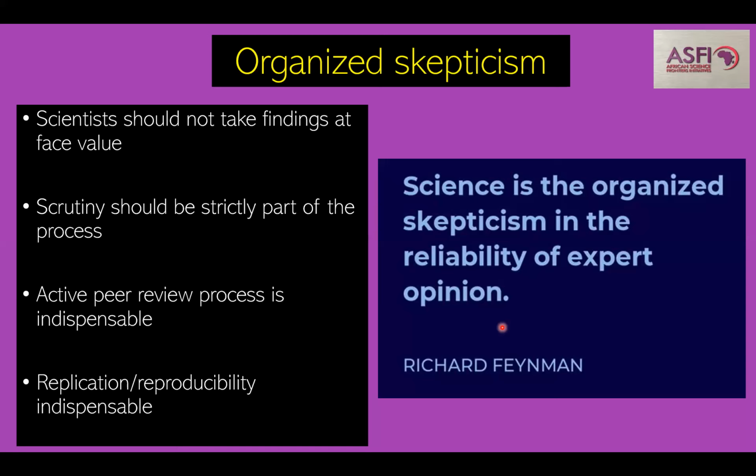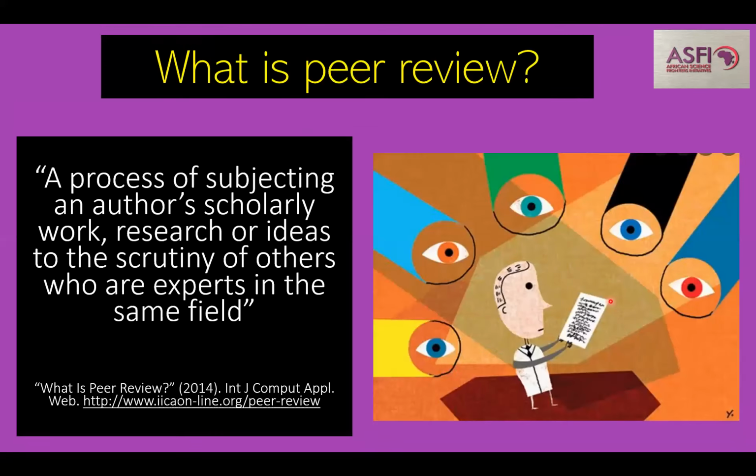So science is the organized skepticism in the reliability of expert opinion. So once expert opinion is made, the scientific process initiates a process through which we can, once we see it, already say, I don't believe it until I confirm it. That is what the scientific process brings on board.